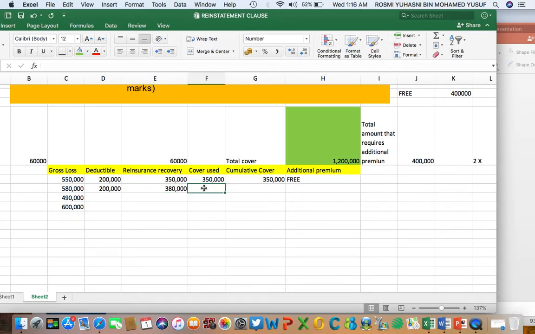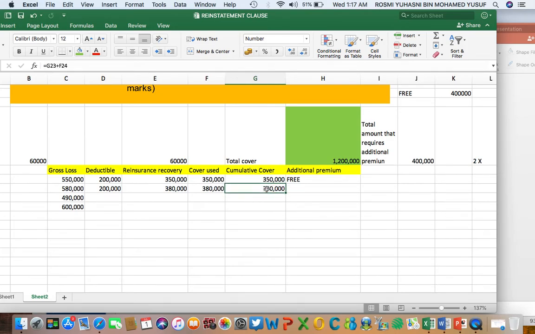So cover used is 380 because the insurer is entitled to claim 380. And cumulative cover is this amount plus this amount: 350 plus 380, you'll get 730.